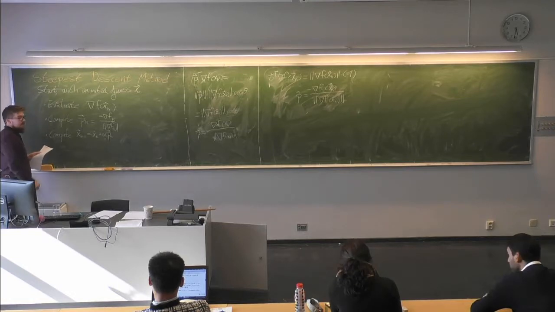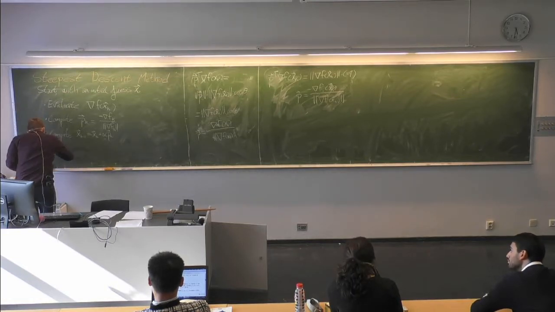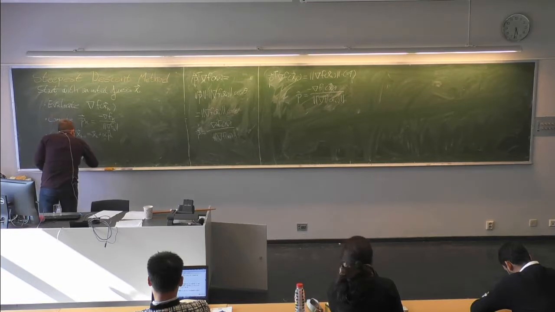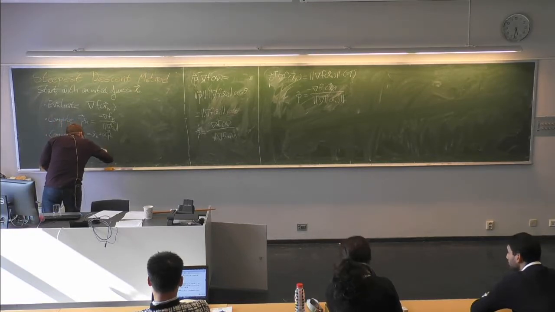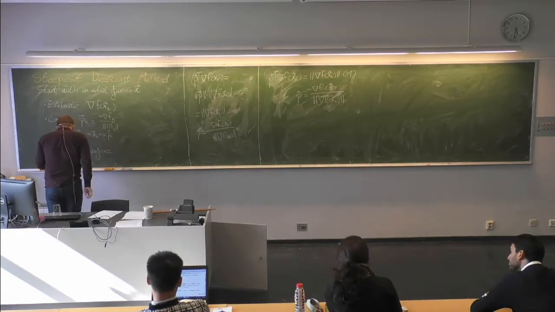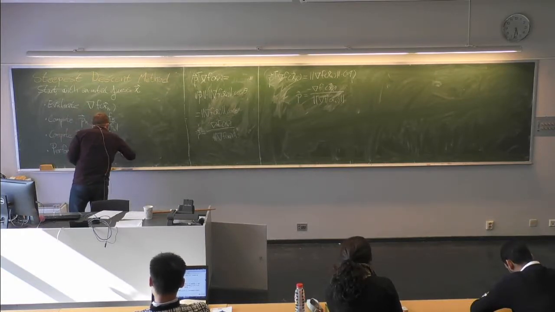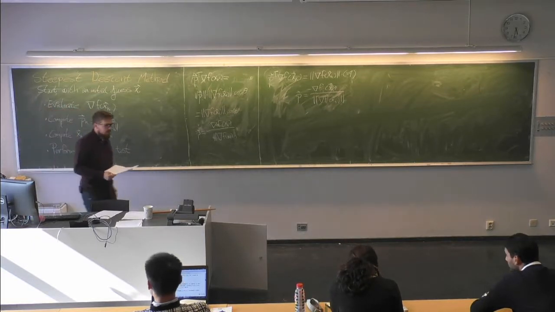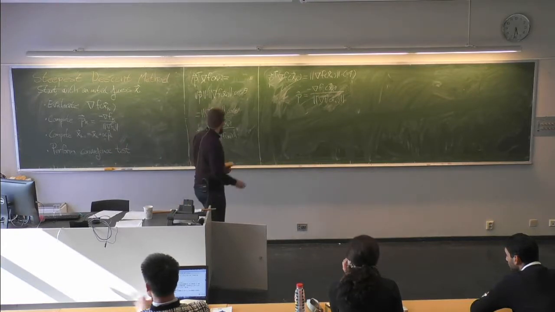And we have to see if we are close enough. So we have to perform a convergence test. We've been through some convergence tests earlier. So what could be a convergence test?